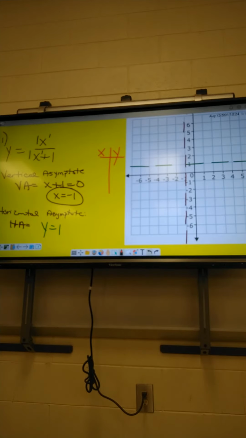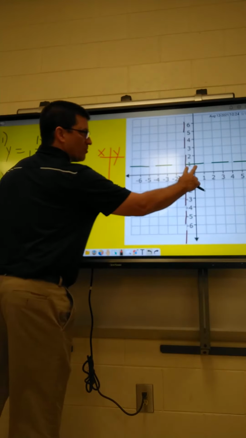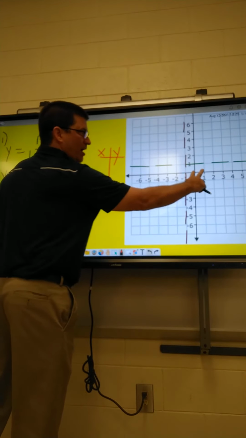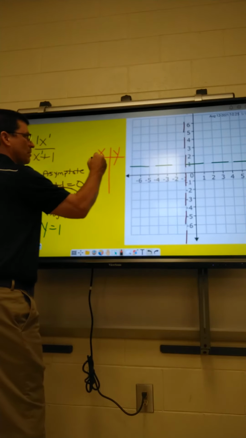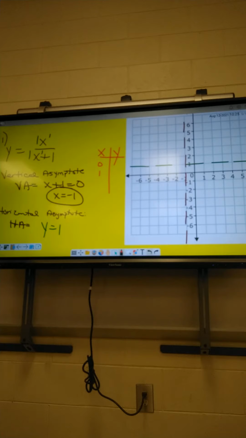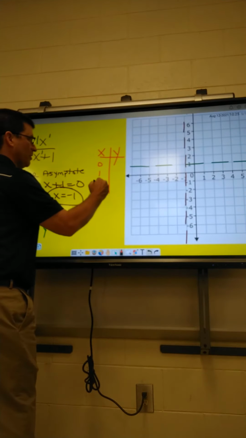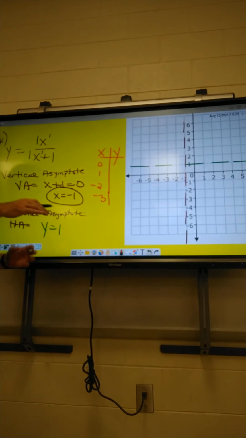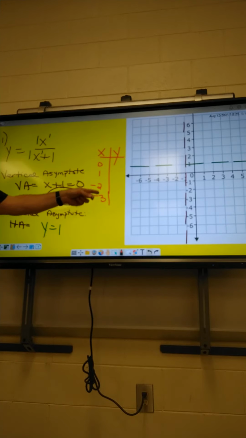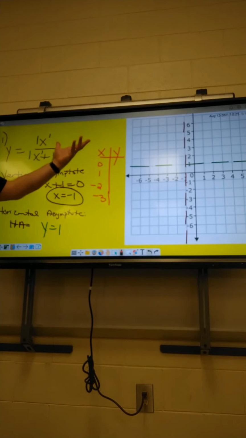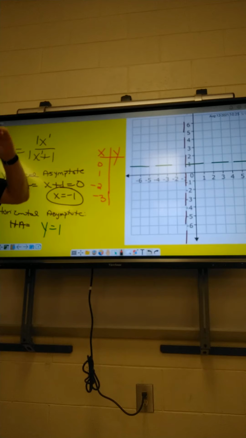Is everybody watching? 2 numbers on the right side of this vertical line, 0 and 1. 2 numbers on the left side of the vertical line, -2 and -3. Any question how I pick those numbers? It does not matter the order you write these numbers down. I don't care how you write them down, as long as you get those 4.